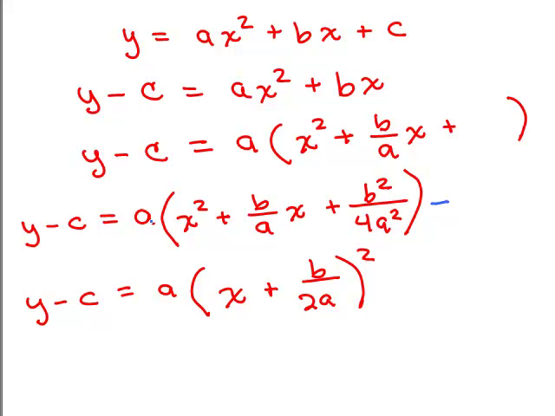So if I add this, because it really wasn't there in the previous step, I need to subtract the same thing, a b squared over 4a squared. Okay? So notice, if you cancel the a's, that's just b squared over 4a, right?